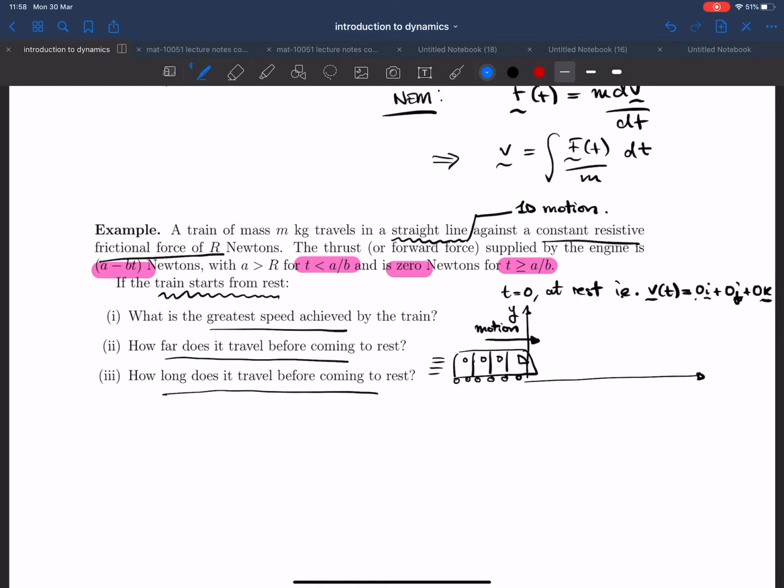Let's draw our vector on. This is the forward force, or the thrust.